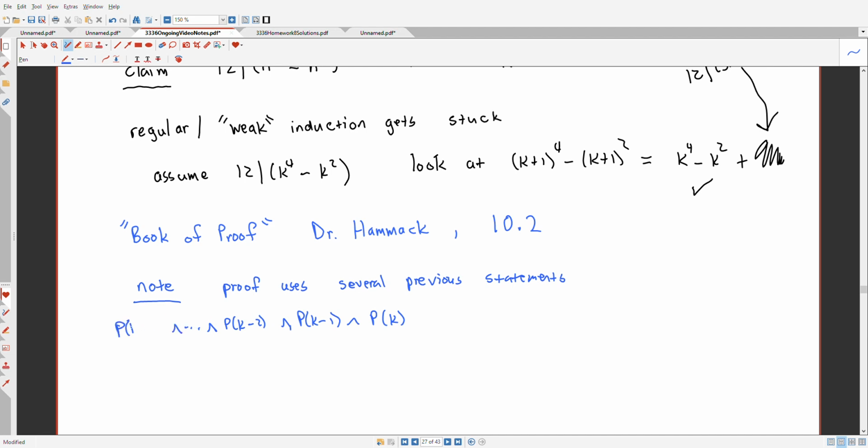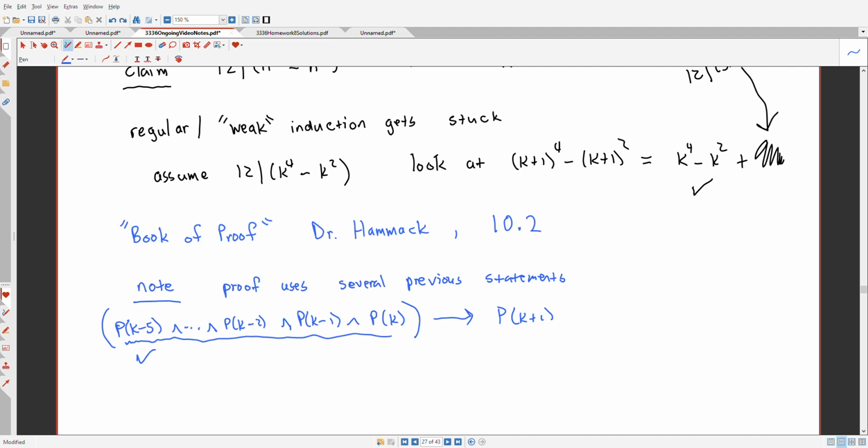He'll use these to prove the next statement, that 12 divides the k plus 1 expression. But my point in bringing this up is it's actually not using full strong induction, right? Because he's not using all previous cases, just some amount of previous cases, more than one though, so it's stronger induction. Because of that, his base case will have to check the first 5 cases.